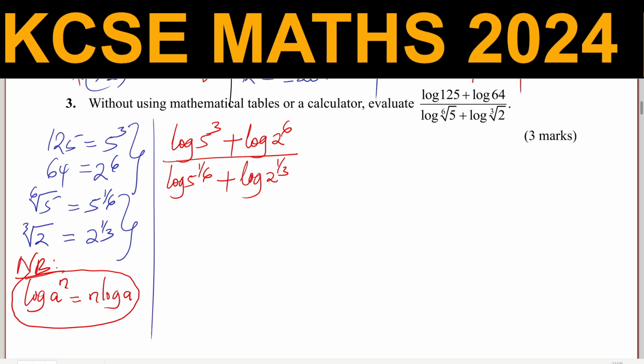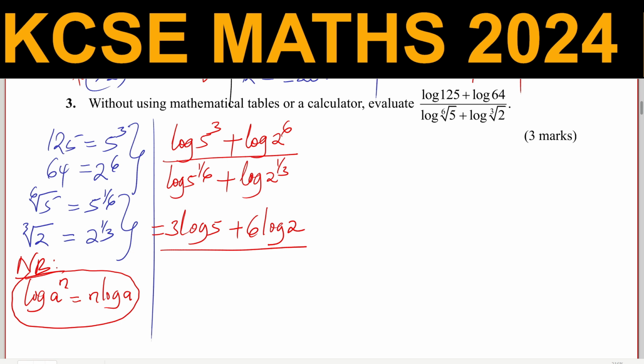Now applying that in the numerator, we shall have the logarithm of 5 cubed simplify to 3 logarithm of 5. Then the logarithm of 2 raised to power 6 will be 6 logarithm of 2. That is for the numerator.